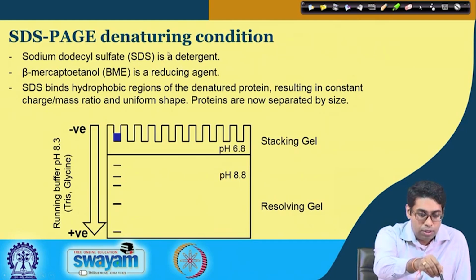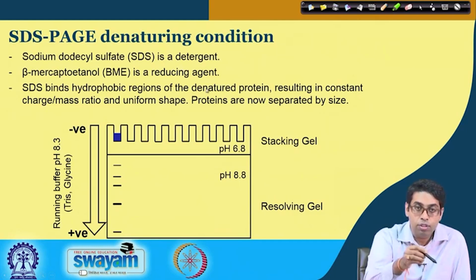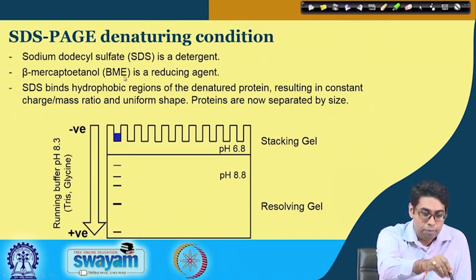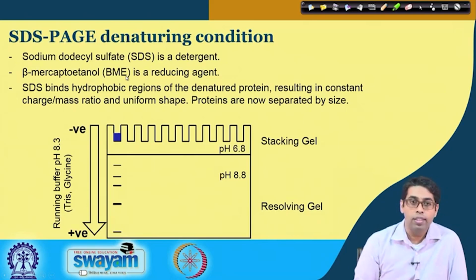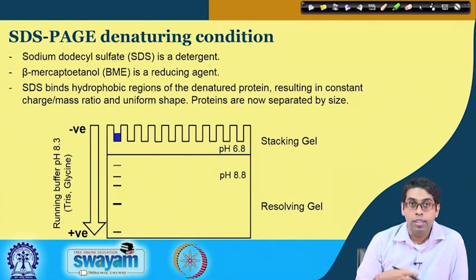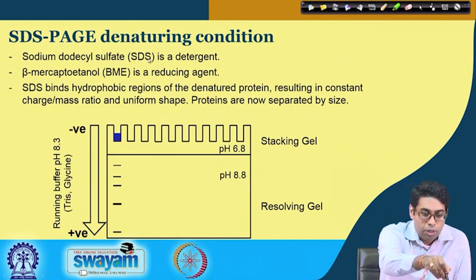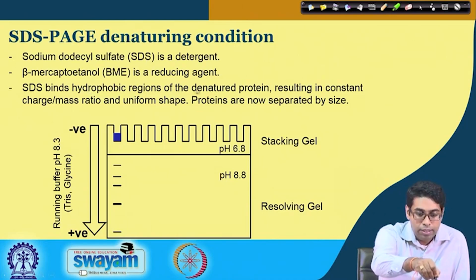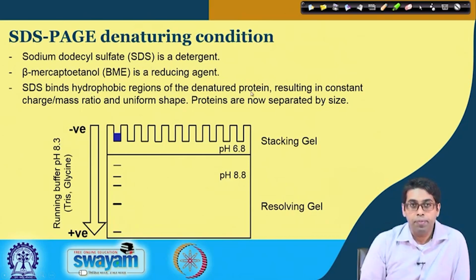Once a protein is dissolved in the loading solution which has SDS and BME, it is boiled at 100 degrees centigrade. This boiling unfolds the protein, and once the protein is unfolded, SDS will bind the hydrophobic regions in this unfolded or denatured protein.